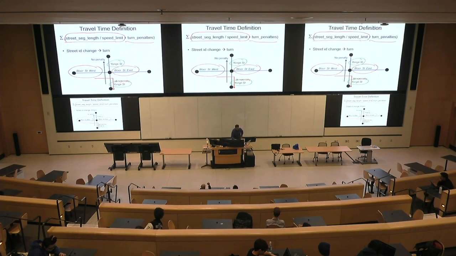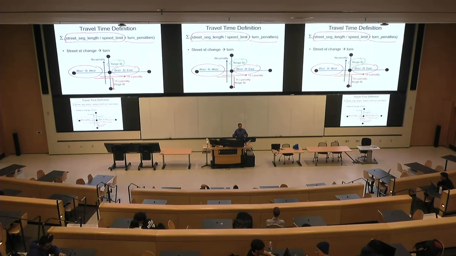When I go from Bloor Street West to Yonge Street, I turned, so there'll be a penalty. And when I go from Bloor Street West to Bloor Street East, my street ID changed, so there'll be a penalty for that too. Assume it's like there's a traffic light, this is a big street change.